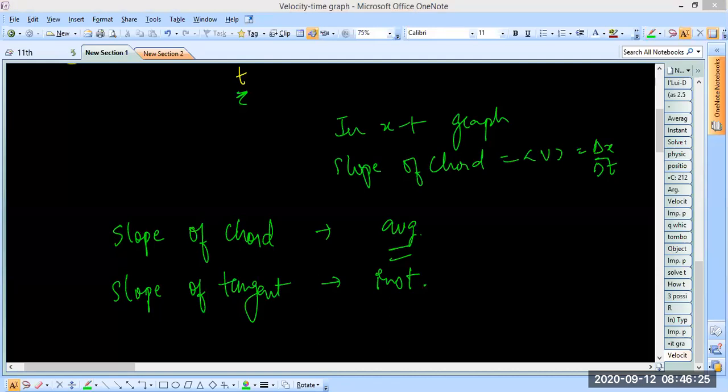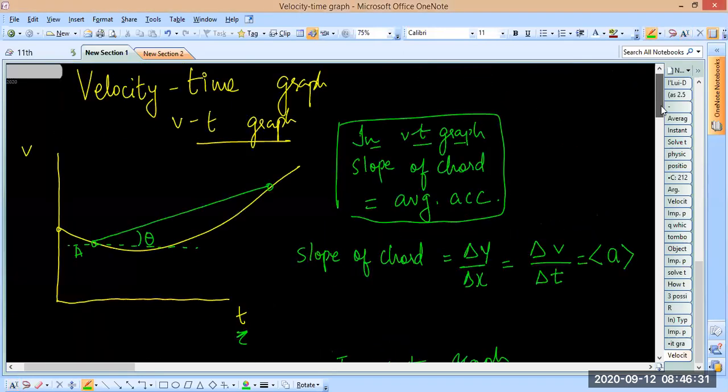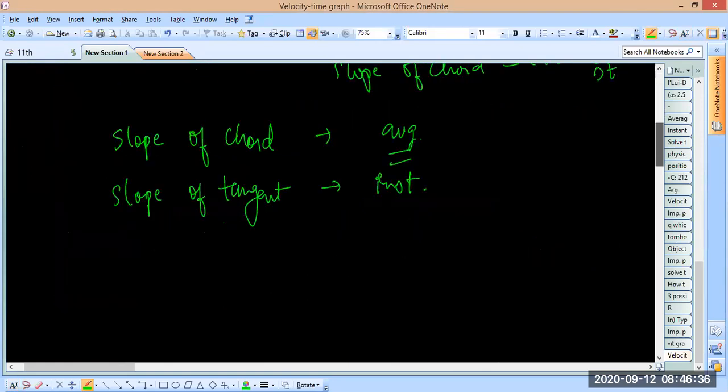So now let's go to the next one. Just like this is the slope of a chord in a VT graph, average acceleration, now the slope of a tangent in a VT graph will give what? What will it give, people?